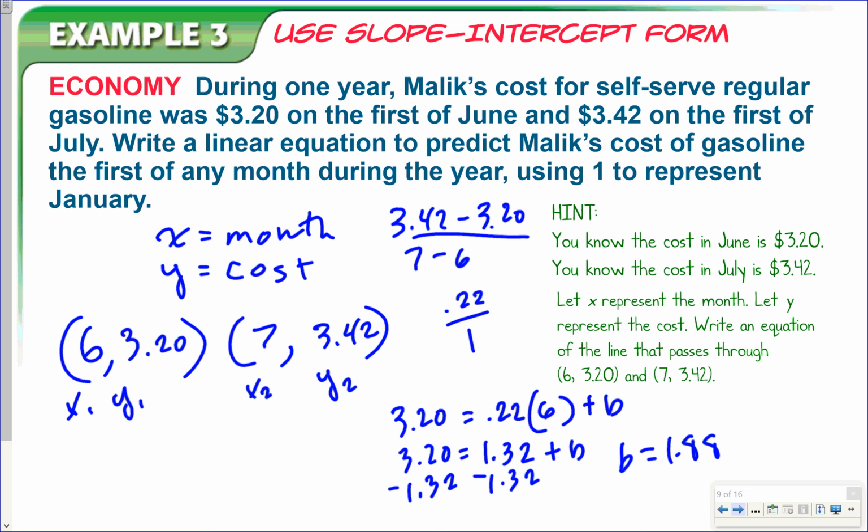So it would be y equals 0.22 over 1 x. Do I need to put it over 1? No. Plus 1.88.